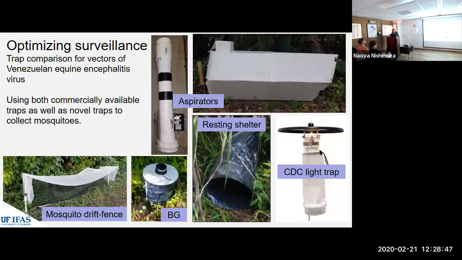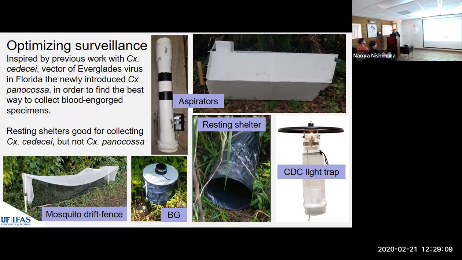So I used a variety of different traps at a field site in South Florida where Culex cedecei and panocossa coexist. I used both commercially available traps, the BG and CDC light traps, as well as aspirators, resting shelters, and our novel mosquito drift nets to capture some of these mosquitoes. I really wanted to find, like I said, the blood engorged Culex panocossa.